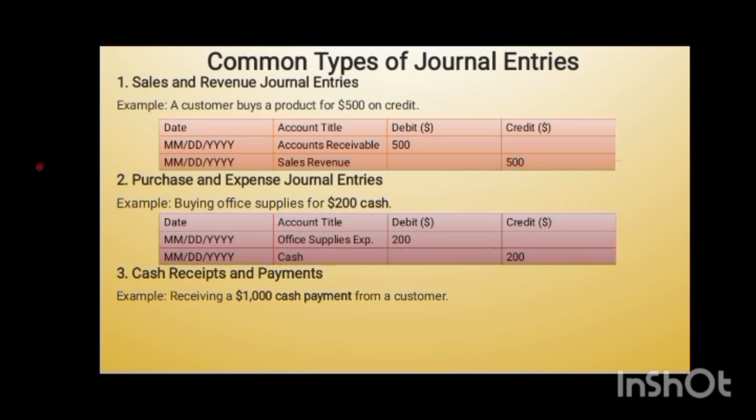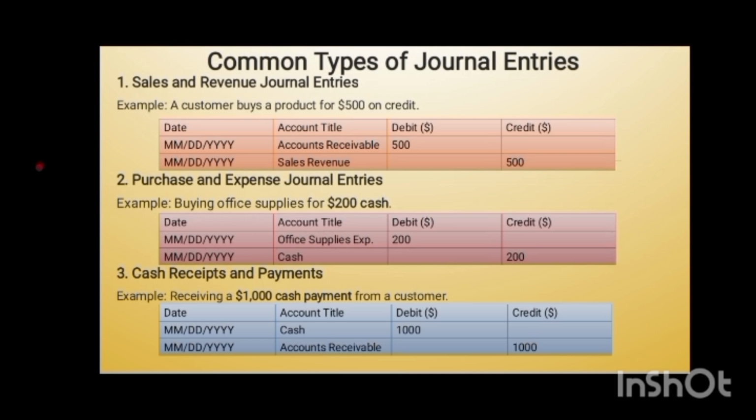Now the customer has paid us $1,000, meaning we have got the payment. First, when the sale was made, that was actually accounts receivable because that was credit sales. Now, in the future, we have received that payment.